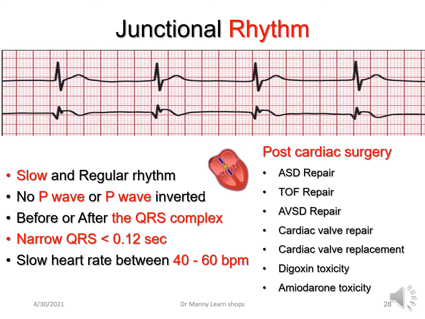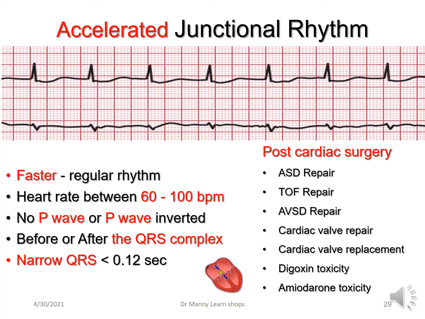The QRS complex is typically narrow, less than 0.12 seconds, and this is typically related to heart surgery, acquired heart disease, because we all get older and develop cardiovascular disease, or medication toxicity. The important thing to note is that it's a bradycardia and it doesn't have a P wave, and if it does have a P wave, it's inverted before or after.